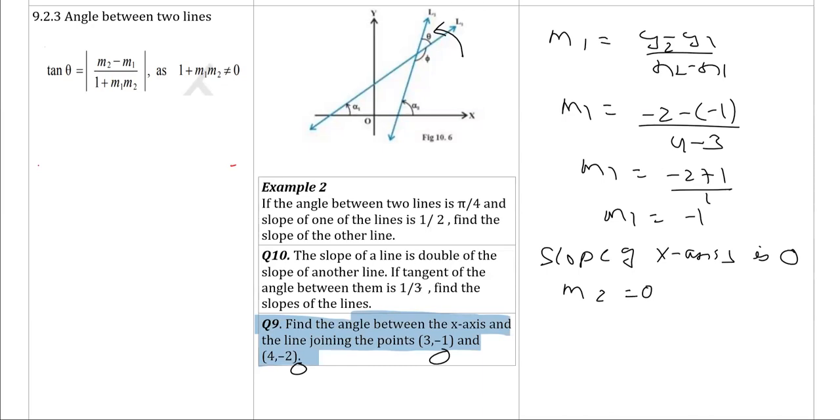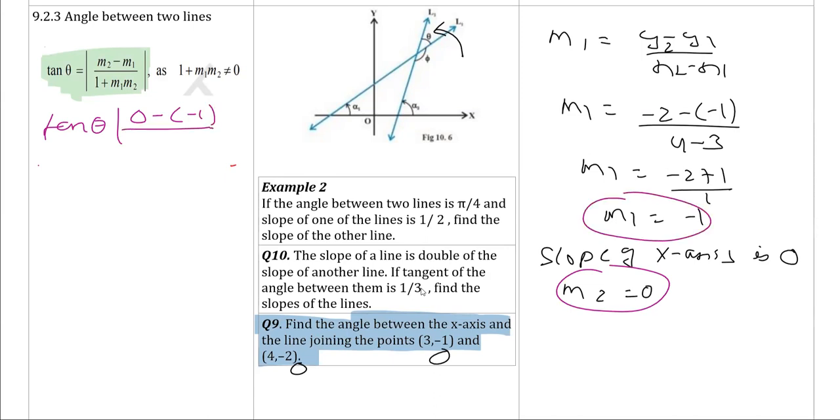Now we are going to use this relation to find the angle between them. I'll be using this formula, tan theta, replacing m2 with its value as 0. So this is 0 minus m1, as minus 1, divided by 1 plus m1 m2, that is 0, since 0 into any number is 0. So we get tan theta is equal to whole modulus 1 over 1.